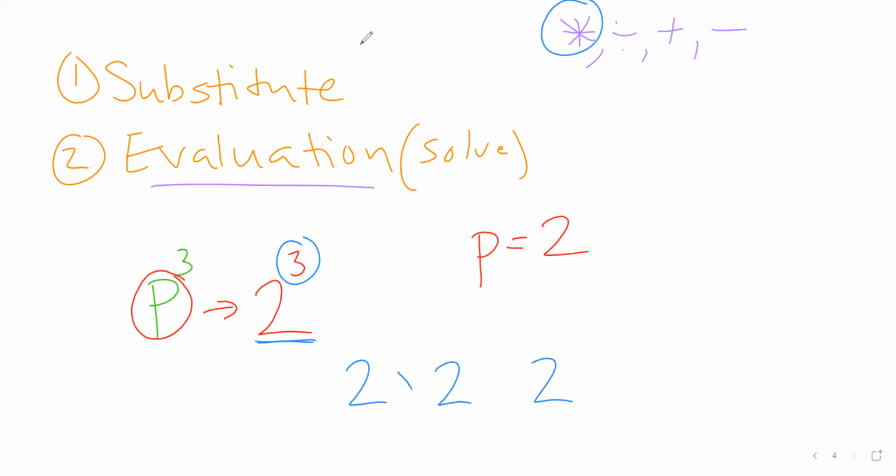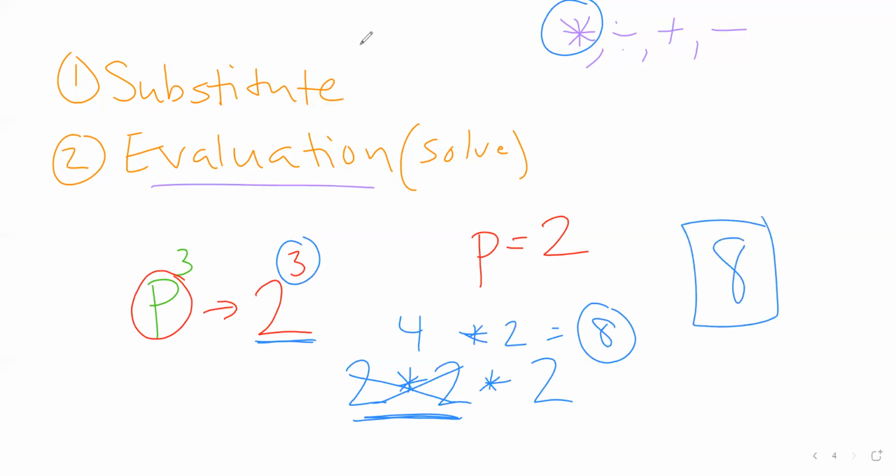So that actually means I am multiplying each one of these. So to help me evaluate, I'm going to say 2 times 2 is 4. And then 4 times 2 is 8. So if someone said, hey, can you evaluate p cubed, where p is equal to 2, you would be like, oh, well, that's 8. Obviously, right? Okay, so a little more complex.